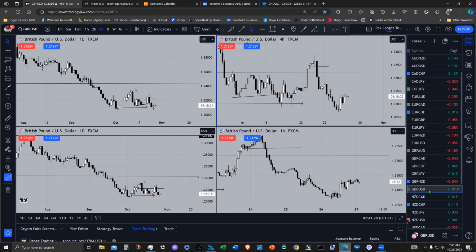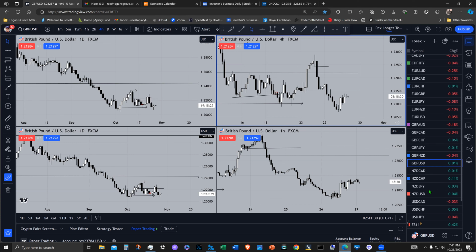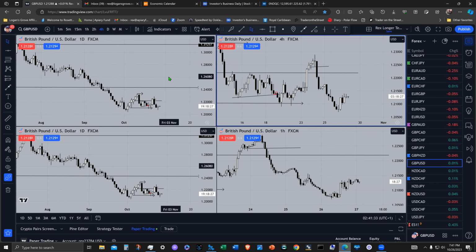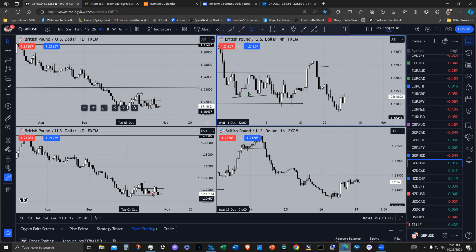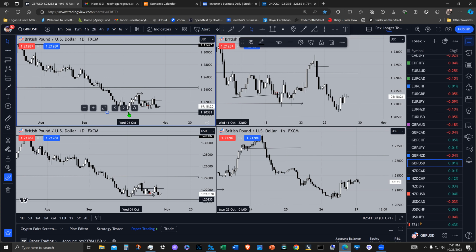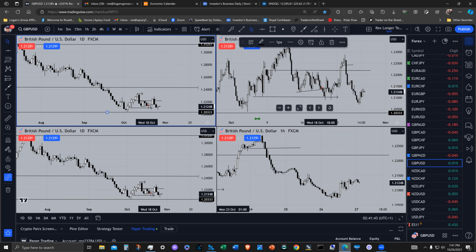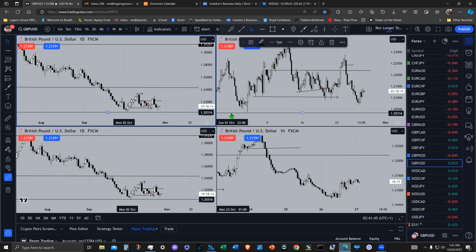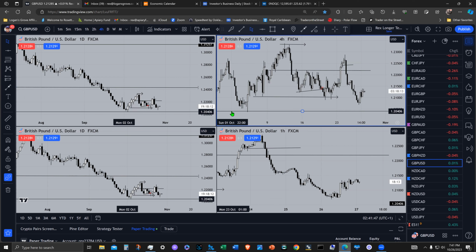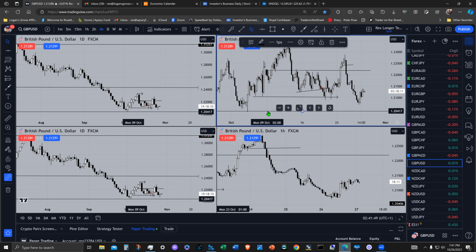Pound US. I'm going to mark this low here. $1.20417 buy limit.